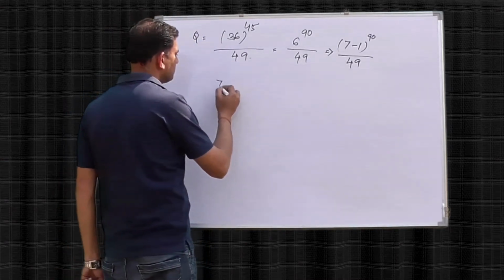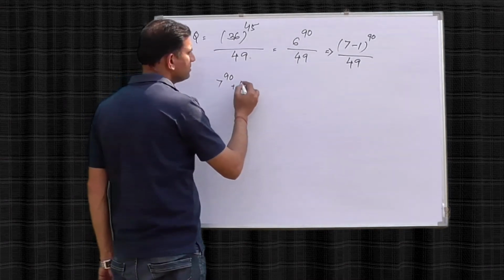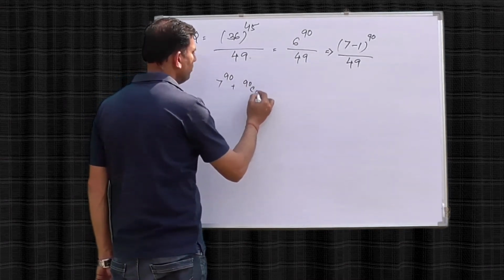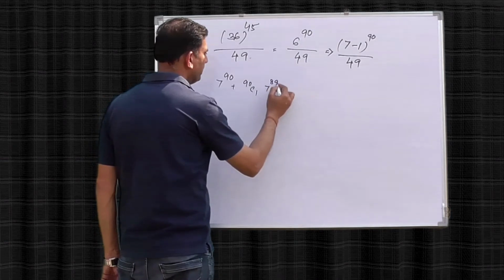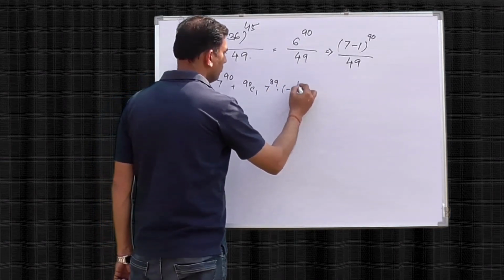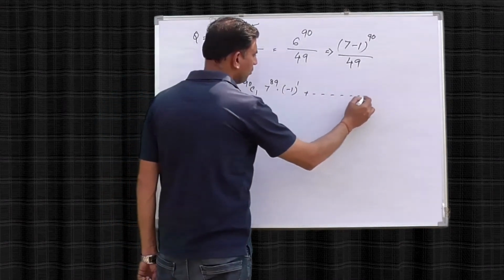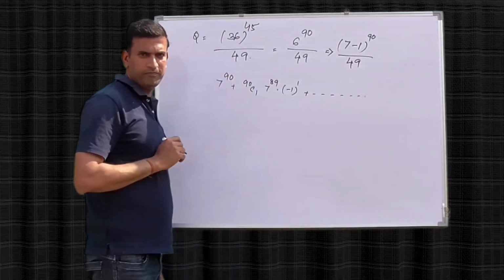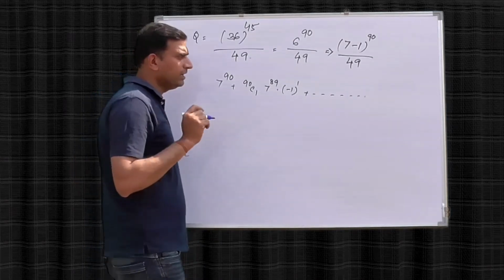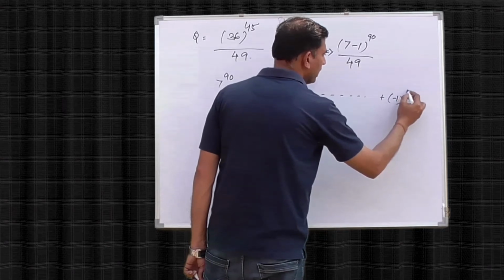This is 7 to the power 90, then plus 90C1, 7 to the power 89 into minus 1 to the power 1. Again, in this way you can write down till the end. And finally, what we have? We have minus 1 to the power 90.